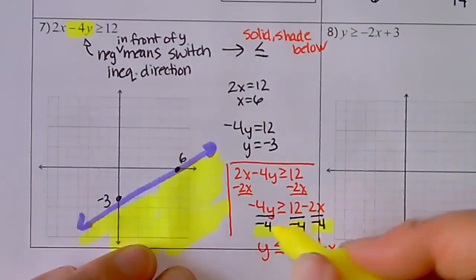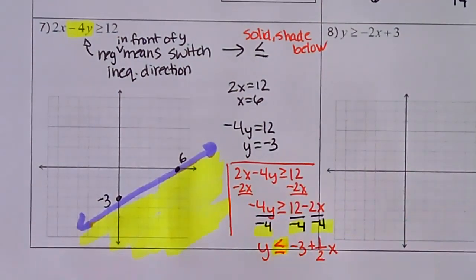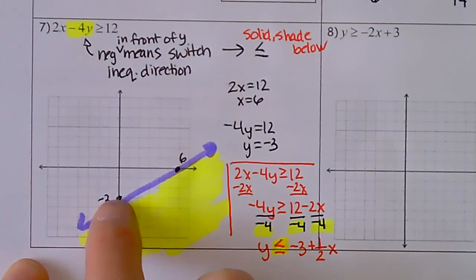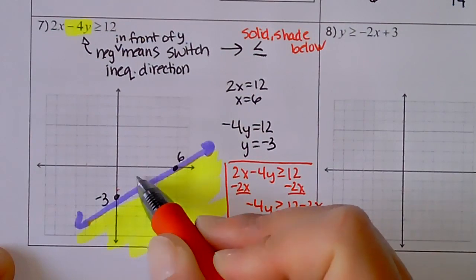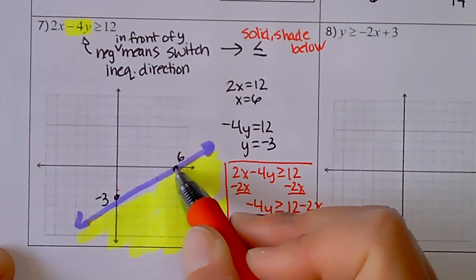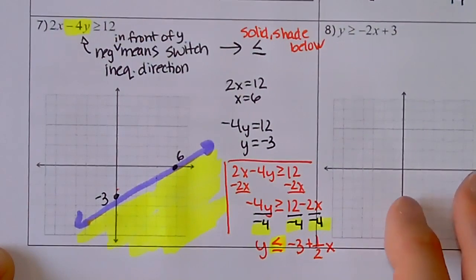So again, just to make sure you understand, this is less than or equal to, it's switched. If you want to change it, you can. You'll notice that here's my negative 3, my y-intercept. And it's hard to see the little grid marks, but I went up 1 over 2, up 1 over 2, up 1 over 2.